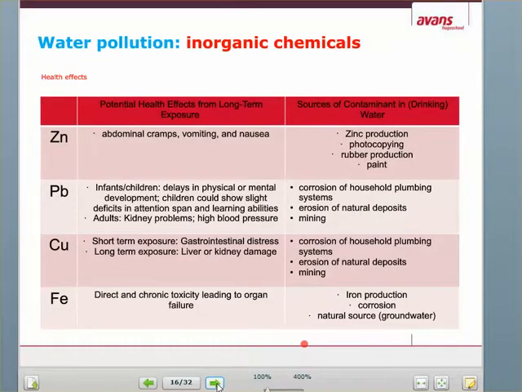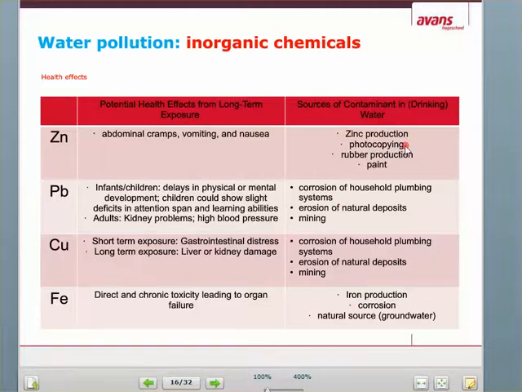Here are some inorganic chemicals that are quite often tested for, and cuvette tests. We have these tests ready for you. They include zinc, lead, copper, and iron, and here are some nasty potential health effects from long-term exposure. I'm not going to go through every single point because that's a whole lot, but where the contamination comes from, possible sources you see on the right-hand column.